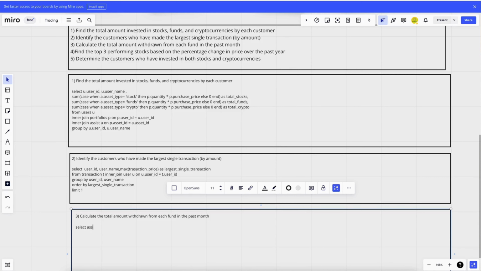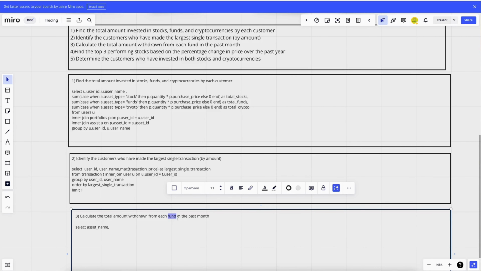Select asset name. So that will be a fund here, for each fund. This is kind of confusing, for each fund. The one which they mentioned as fund, is it an asset type, or do they want to see for each one, like for stock how much amount is there, for funds how much, and for cryptos how much, and how much we have withdrawn from each of those assets.